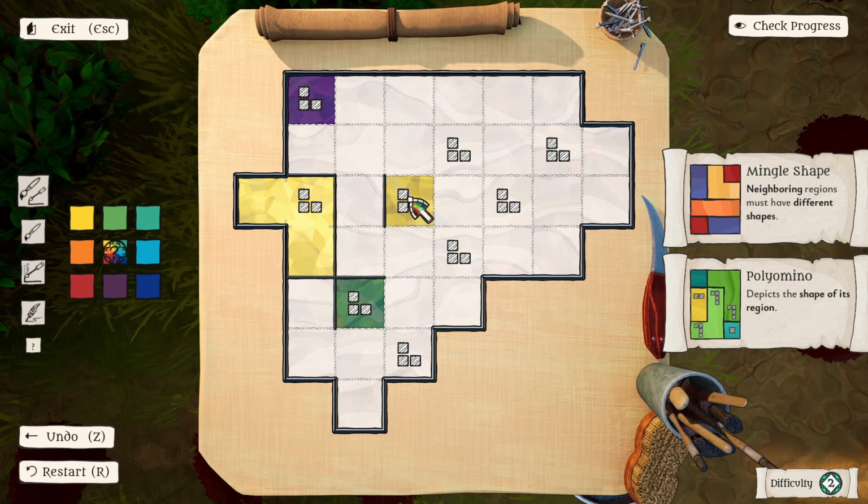There's nothing telling me anything about that shape yet. Or that.